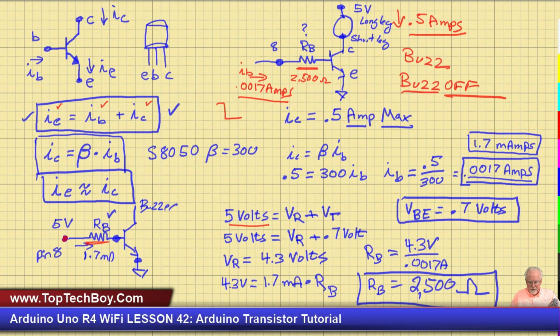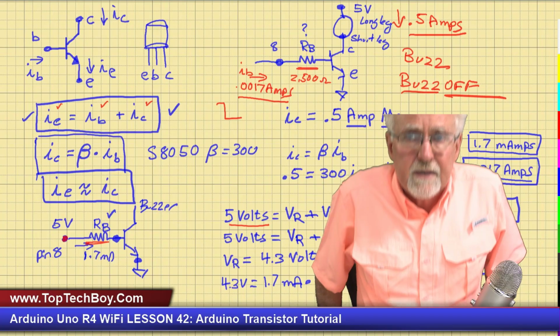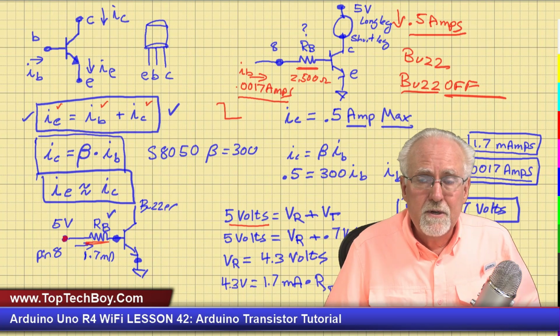Okay, is this painful for you guys? Why am I doing this? Because every time I do a video, somebody asks me, well, why did you use a 2,000 ohm resistor?